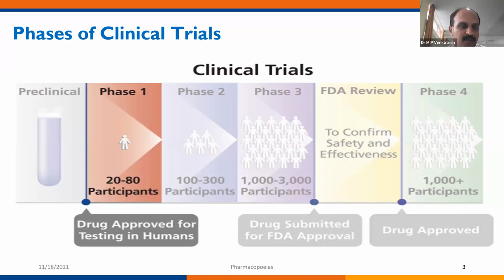That means all these aspects are done as a part of your preclinical studies. Once it is done, the company or the applicant has to submit an investigational new drug application. The regulatory authority will review the investigational new drug application. If they find it good, then they are going to approve the conduct of clinical trials.